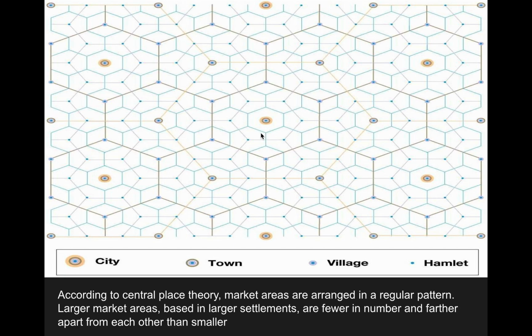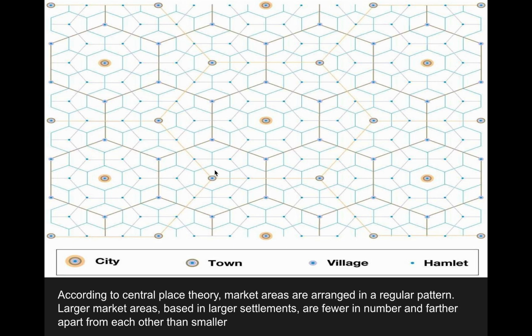Then you go to towns, which are these blues, which are smaller hexagons. So these blue smaller hexagons will tell us that they usually have about 1,000 to 3,000 inhabitants, and they have smaller ranges and thresholds of services that are offered.